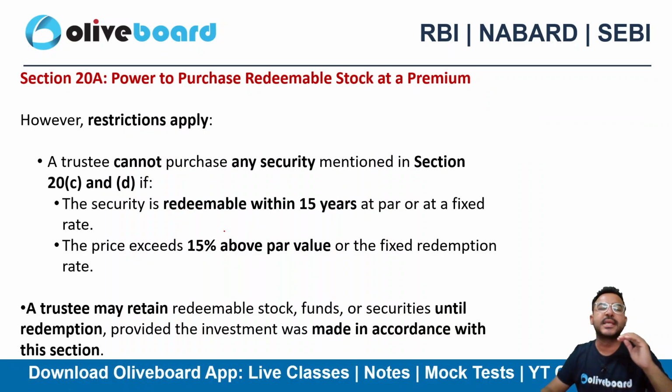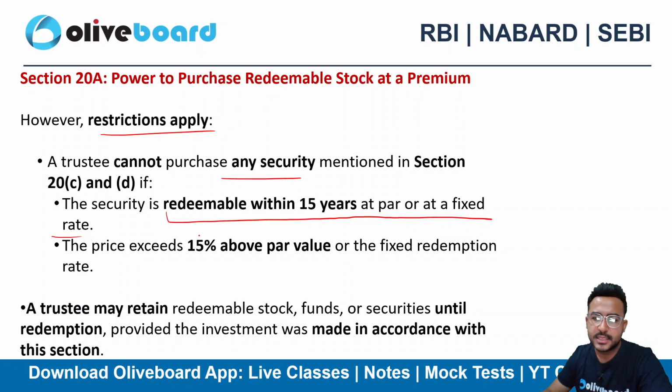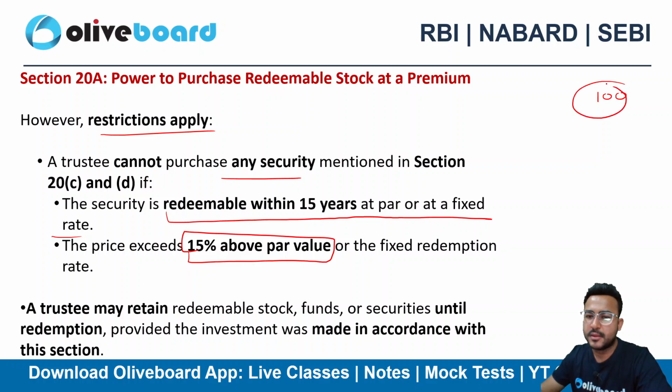However, there is a cap on it. There are some restrictions. A trustee cannot purchase any security if the security is redeemable within 15 years at par or at a fixed rate, and the price exceeds 15% above the par value. Let's suppose the par value is 100 rupees.